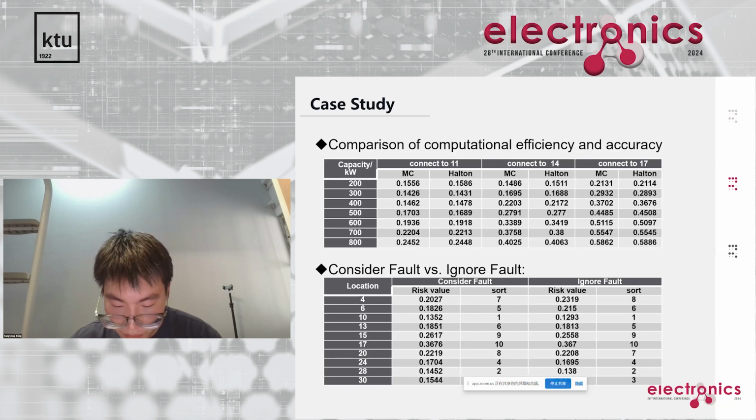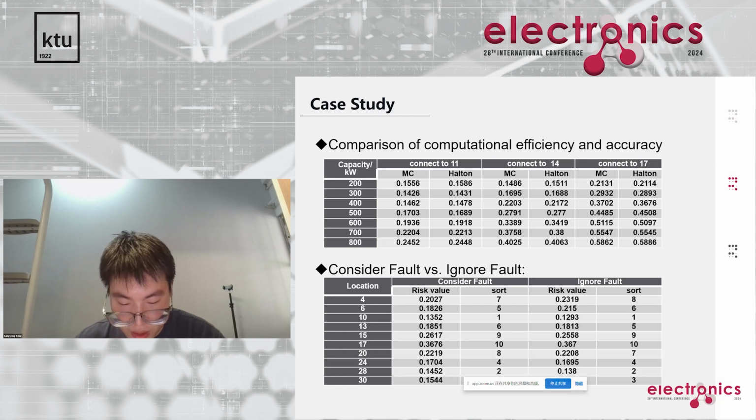Table 1 shows a comparison of the risk values obtained by the two sampling methods, compared to the MC method with 10,000 sets of samples.